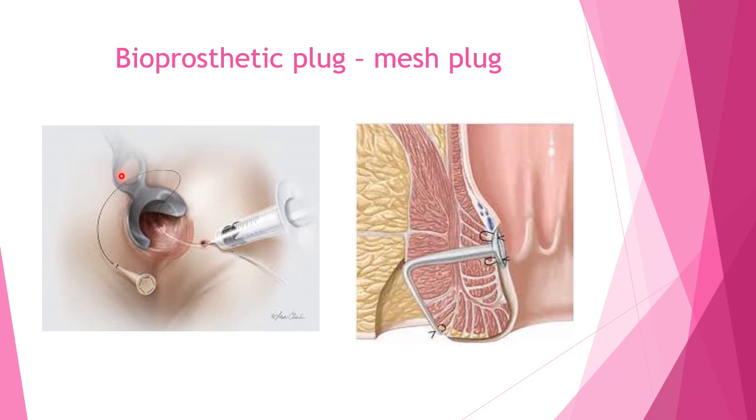And it comes with a small applicator set, okay, with a funnel shaped mesh plug available here. Its internal orifice is identified, and then it is threaded through and pulled out here. Okay, so this is the bioprosthetic mesh plug, which is usually made from animal sources.